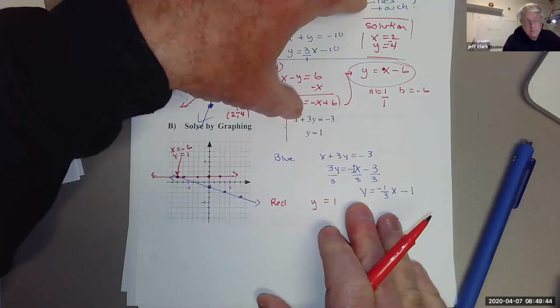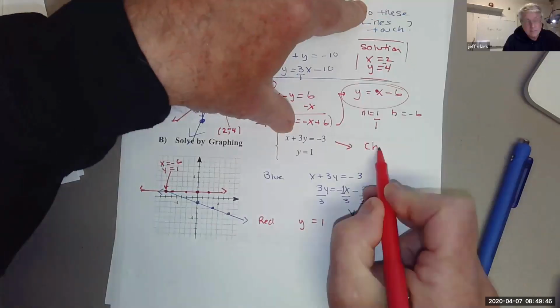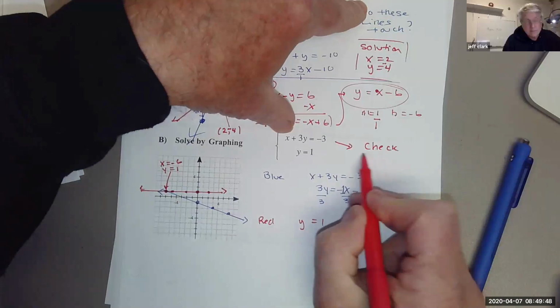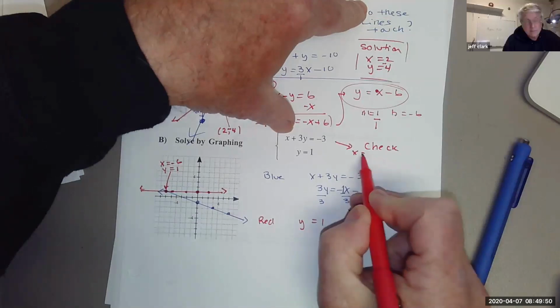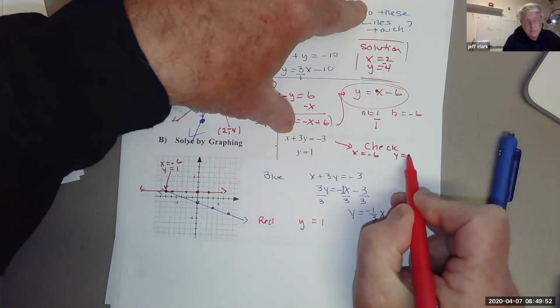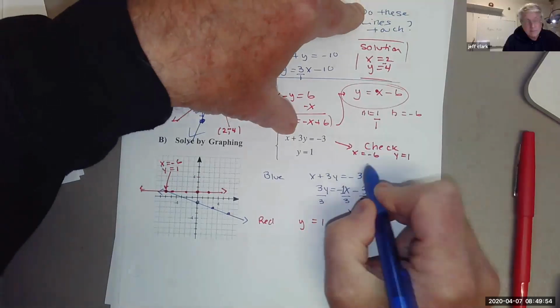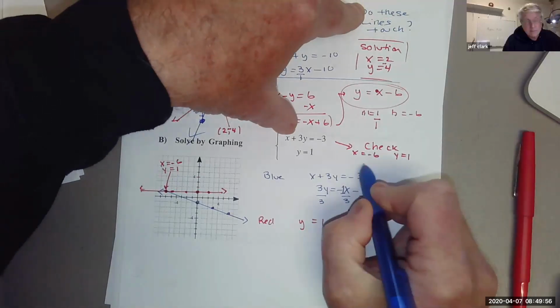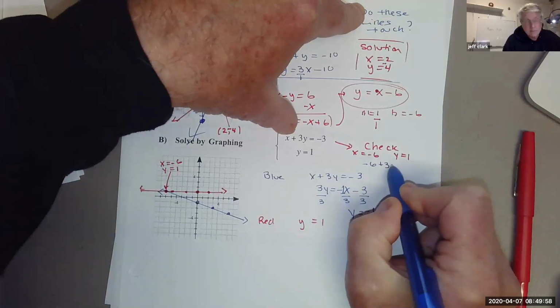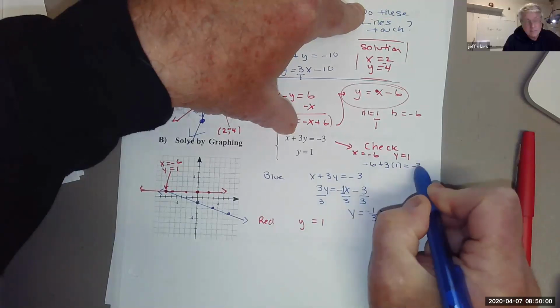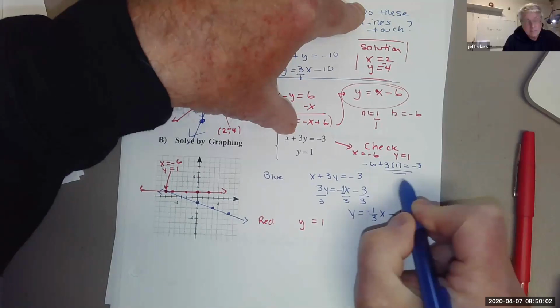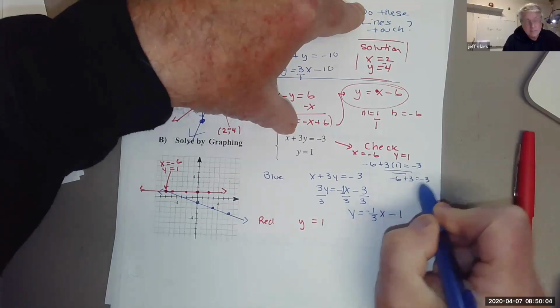Let's check this. X equals -6, y equals 1. So that's -6 plus 3 times 1. I wonder if that equals -3. Is -6 plus 3 equals -3, and that's a yes.